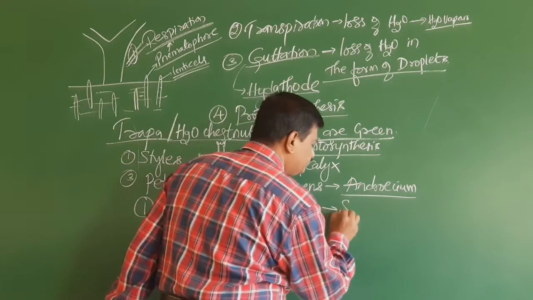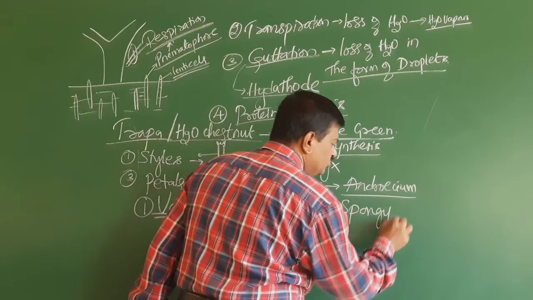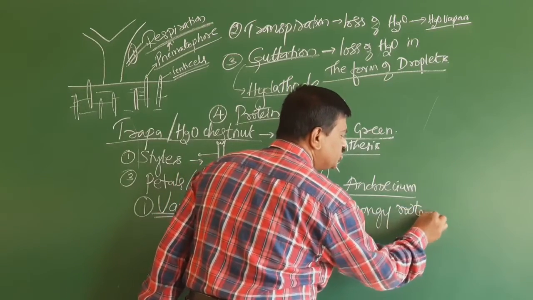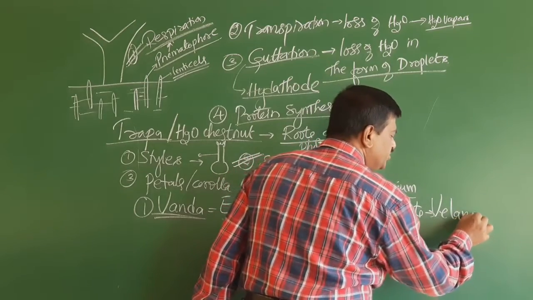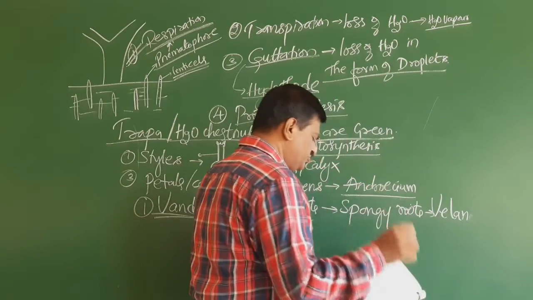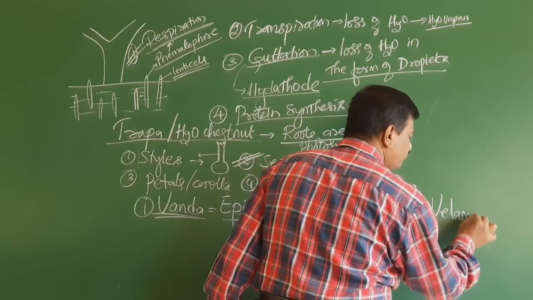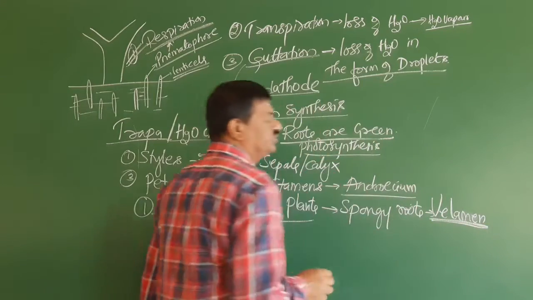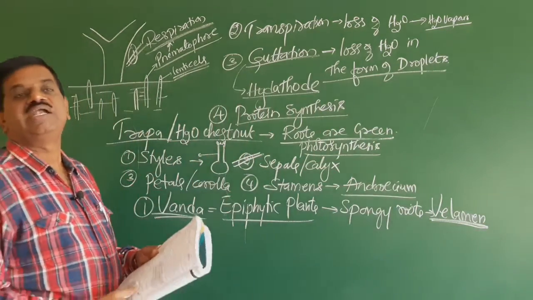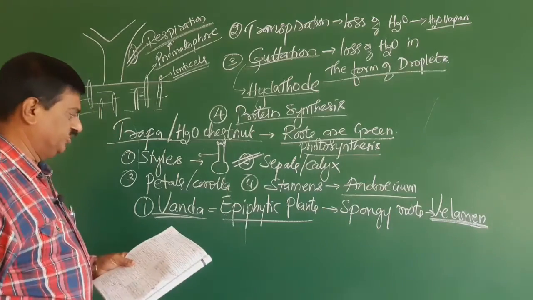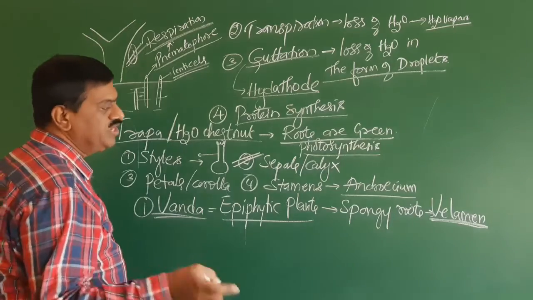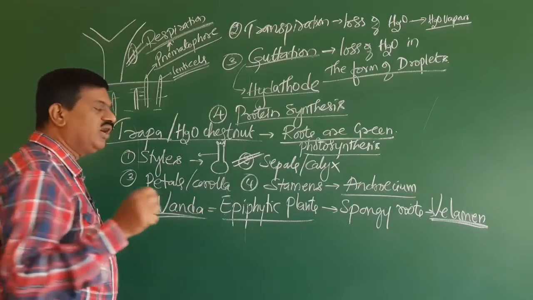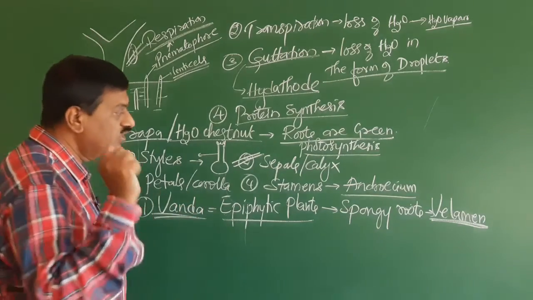The spongy roots hang down and are called velamen roots. These velamen roots absorb moisture, and it is supplied to the plant for photosynthesis.